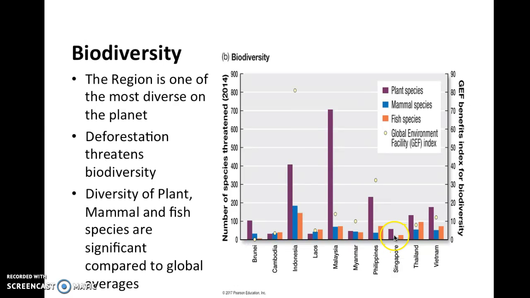Now, these little dots are the Global Environmental Facilities Index. So that's globally where it's at. So when you start seeing some of these things, that has a pretty big impact on it. You see some of them doing well, some of them not doing so well. Diversity of plant, mammal, and fish species are significant compared to global averages.